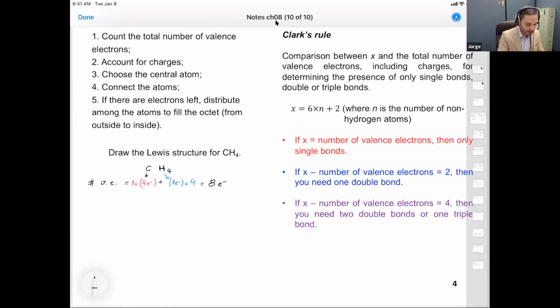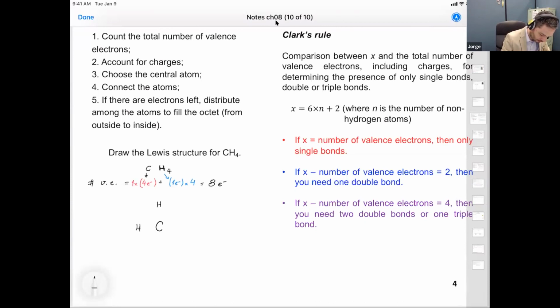So the central atom is usually the element in the lowest amount in the formula, and also usually the larger element that you have in the compound. So we know here that, therefore, carbon has to be the central atom, and we are going to have the hydrogens surrounding the carbon. Okay, so let's draw here.